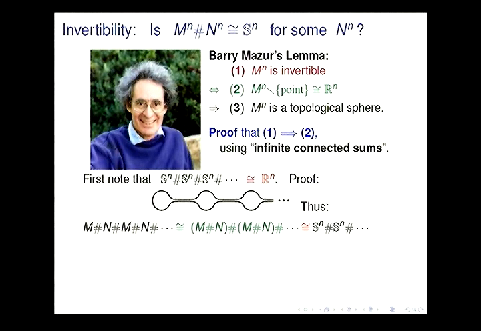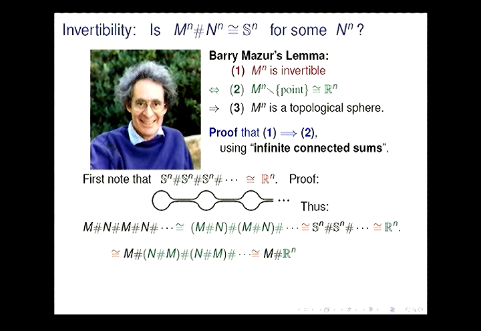So we have an infinite sum of copies of Sn, which we've just shown is Rn. But on the other hand, we could put in parentheses a different way. Suppose we put it M, and then N plus M, then N plus M. And then, since we know that this is a sphere, and so on, we're just taking M and adding the sum of spheres, which is Rn, to it.